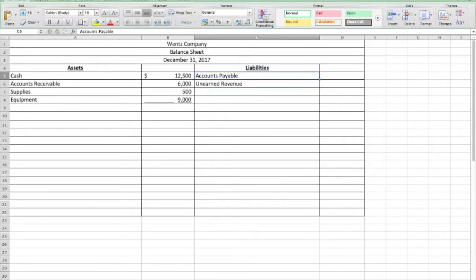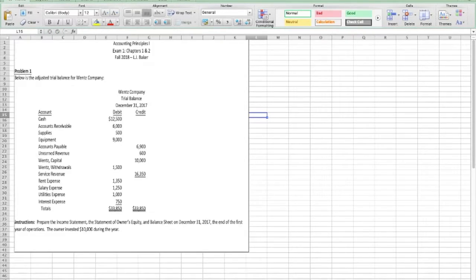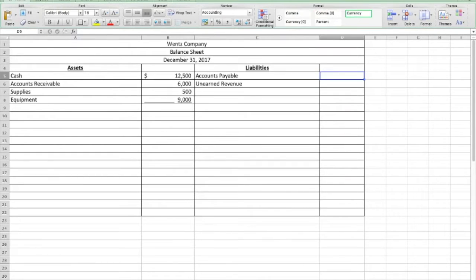I'll show both of those here on the liability side. Accounts payable totaled $6,900 and unearned revenue was $600. Because that $6,900 for accounts payable is the first number in this column, it does require a dollar sign.